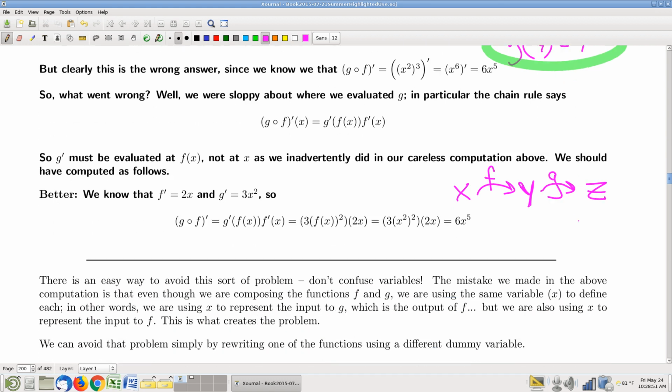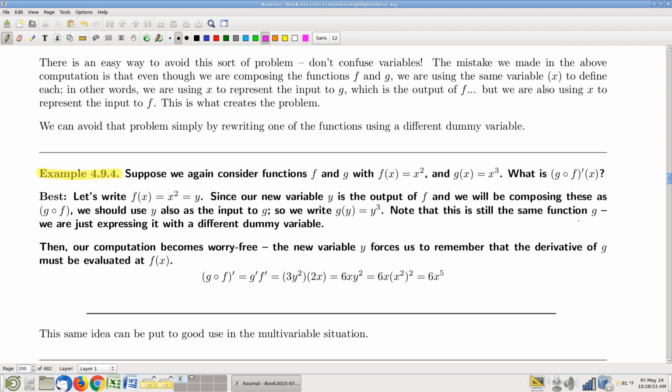Now I have no worry about my confusion of variables. And setting it up like that, look how easy the calculation goes. You can play fast and loose with the chain rule. The derivative of a composition is the product of the derivatives. The derivative of f is 2x, no sweat. The derivative of g, wait a minute, g is now written in terms of y.